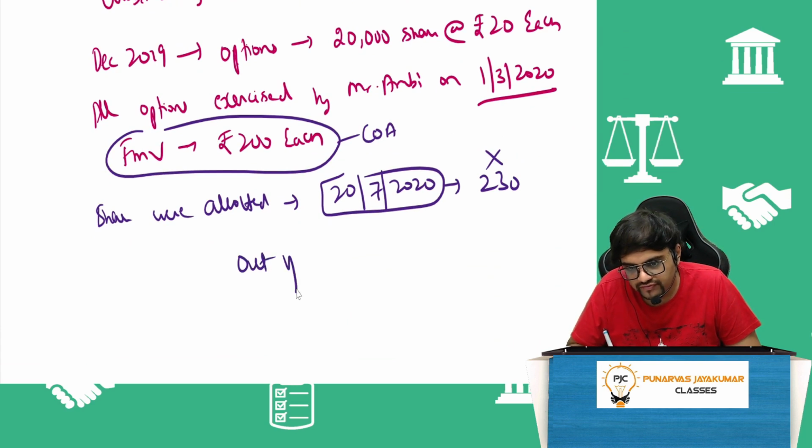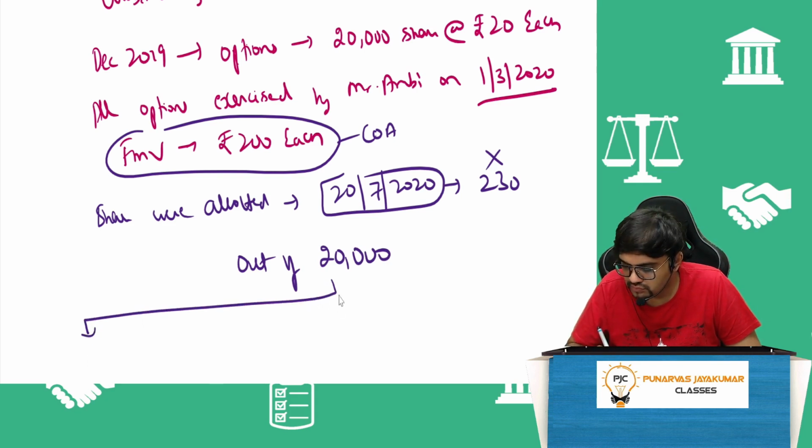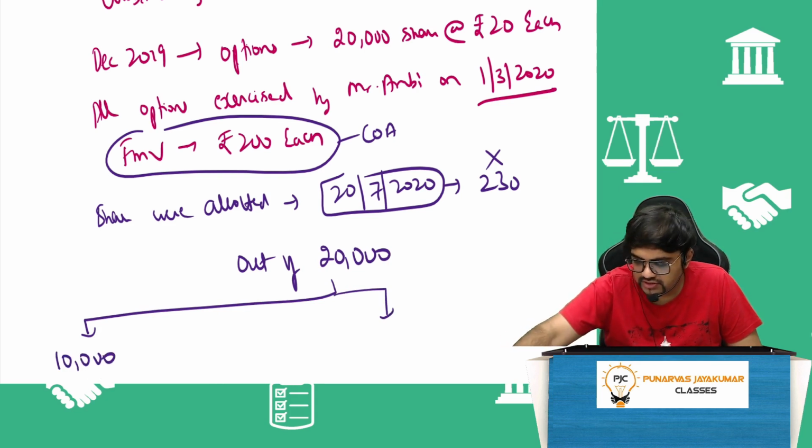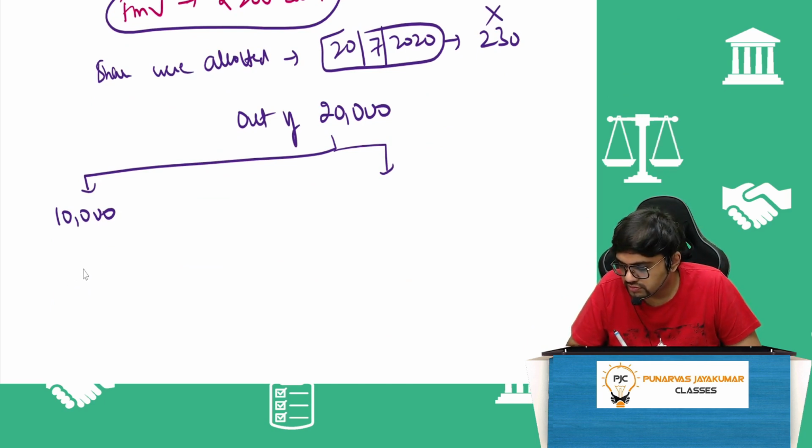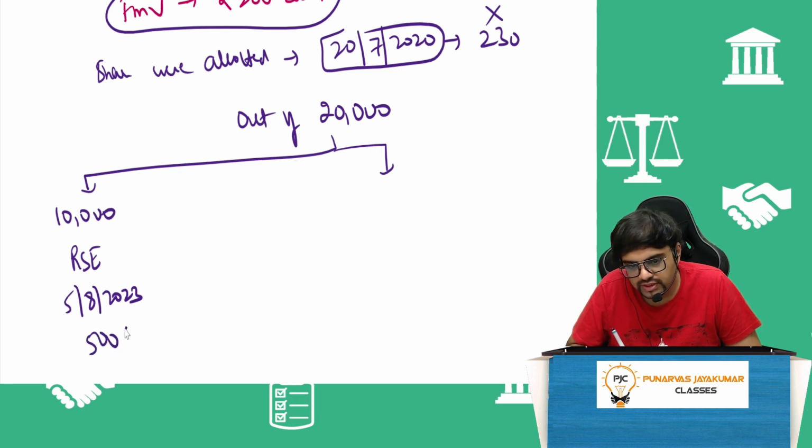Now out of this 20,000 shares, 10,000 shares were sold through a recognized stock exchange on 5th August 2023 at 500 rupees each.